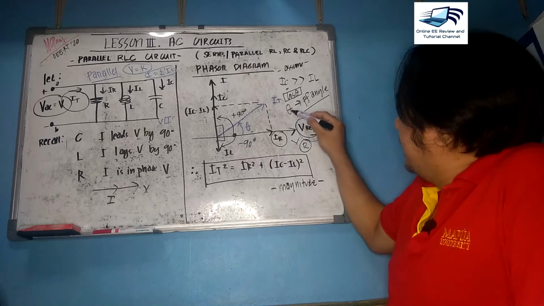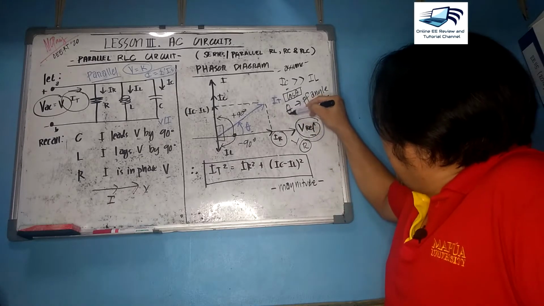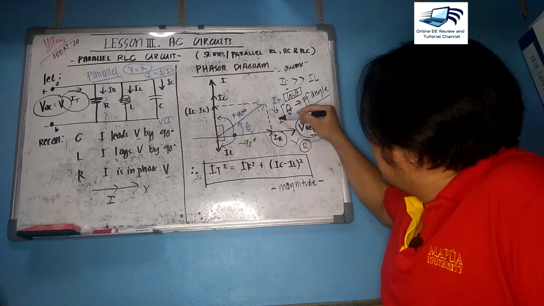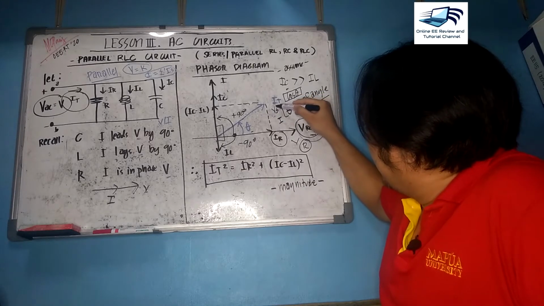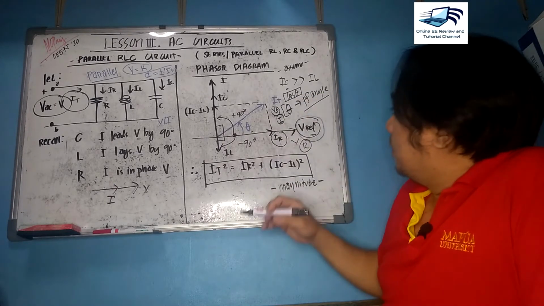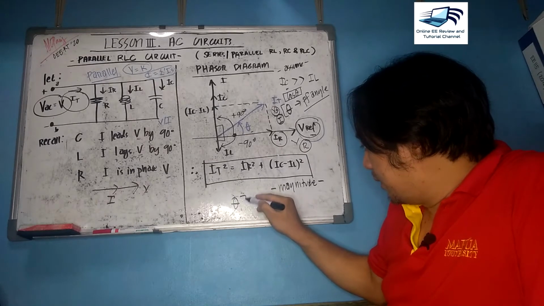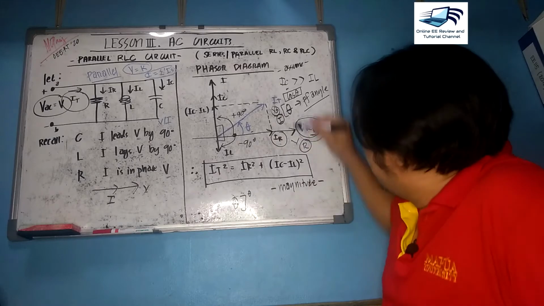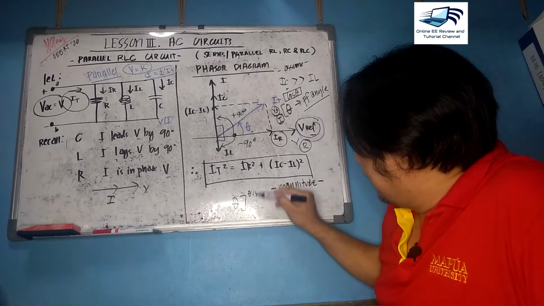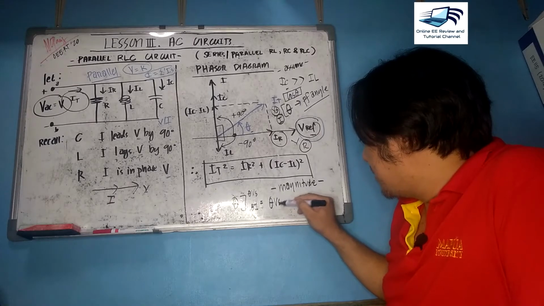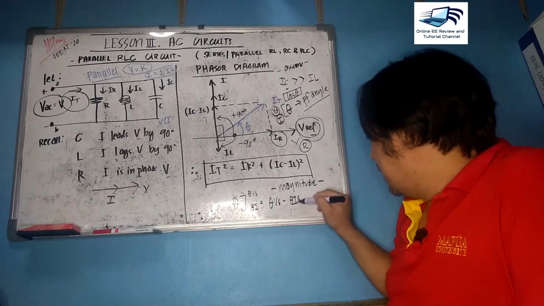And the theta here is the angle between the source voltage and the source current. In other words, theta depends on the angle of voltage and the angle of current, which is simply equal to theta Vs minus theta Is.